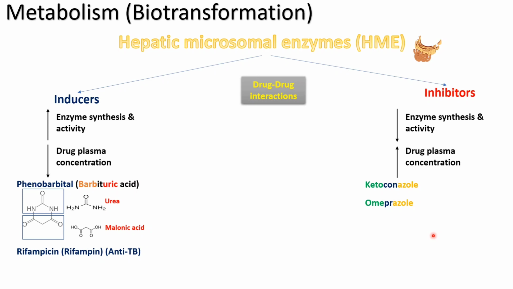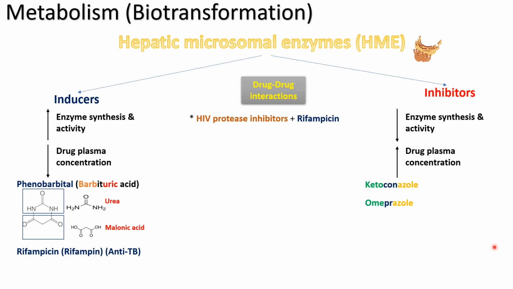The significance and importance of the inducer and inhibitor drugs is when any of them is taken with another drug. If an inducer drug is taken with drug X, it would be expected that its concentration in the plasma would decrease. So we would expect less activity of this drug.